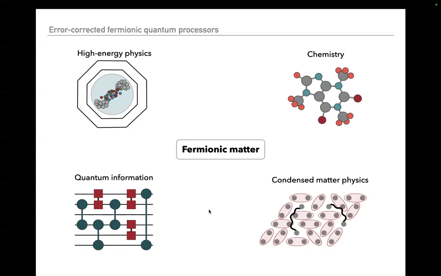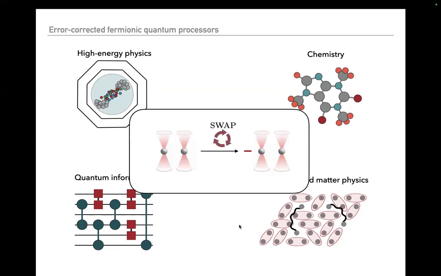A central ingredient of fermions is the fermionic exchange statistics. Specifically in this picture here, and I'm jumping ahead, think of fermionic atoms, fermionic particles that you can pick up with an optical light field, an optical tweezer. Suppose we had two of them. If you interchange them and they're otherwise in the same internal state, they will be indistinguishable particles.